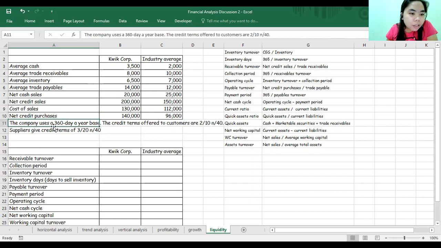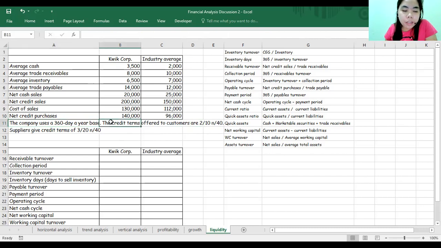The company uses a 360-day year base. The credit terms offered to customers are 2, 10, 40. This means that if the customer pays within 10 days, we grant a 2% discount, and he is given 40 days to settle his account with us.